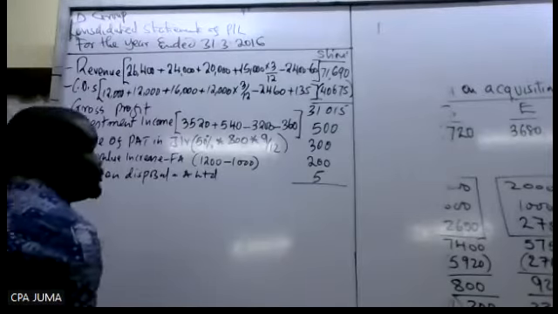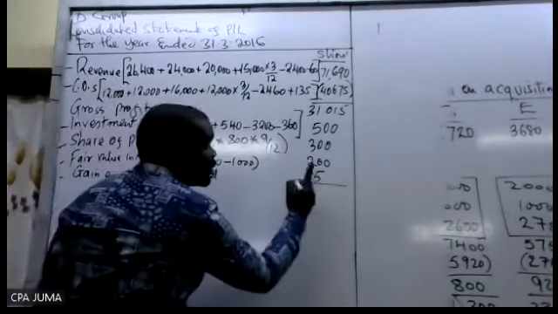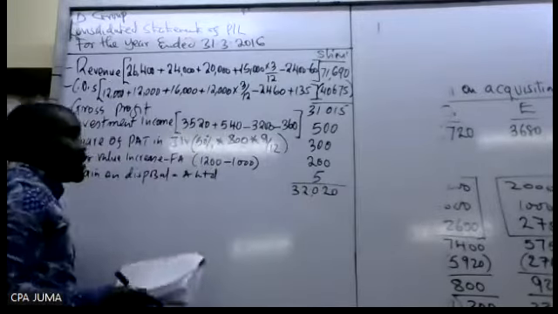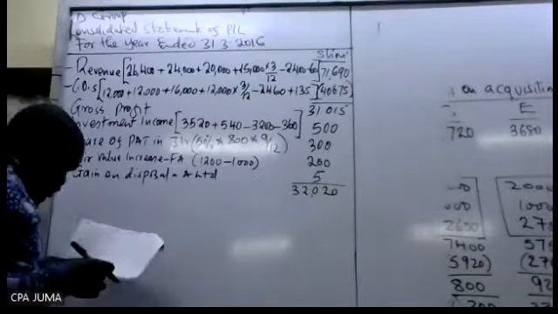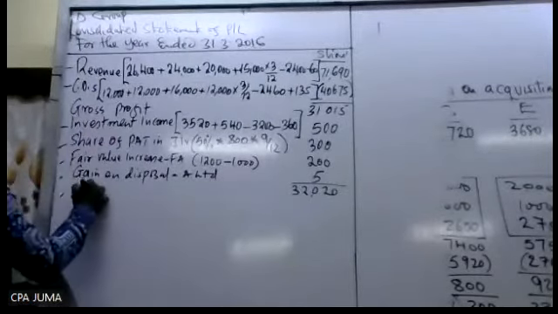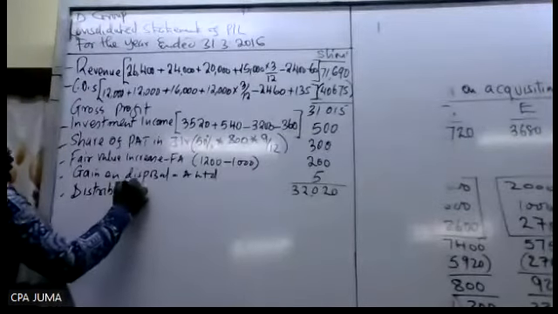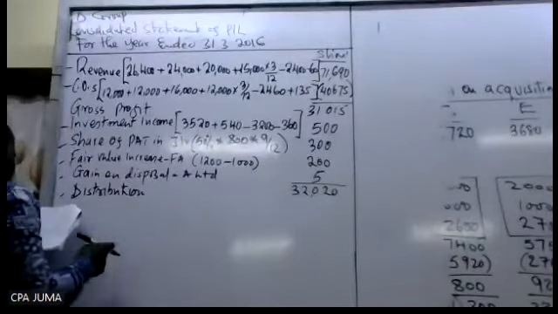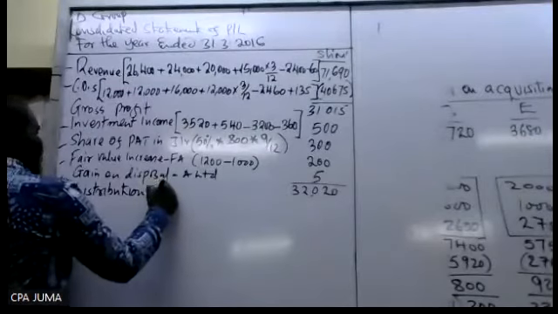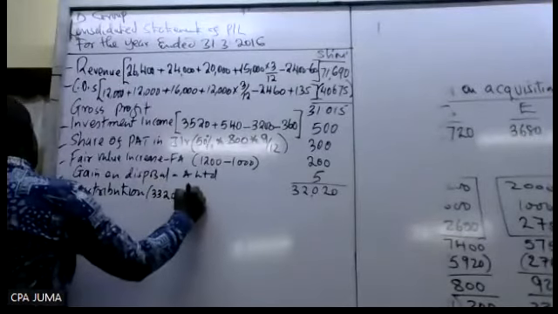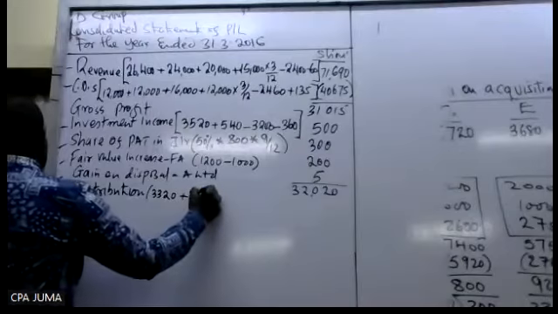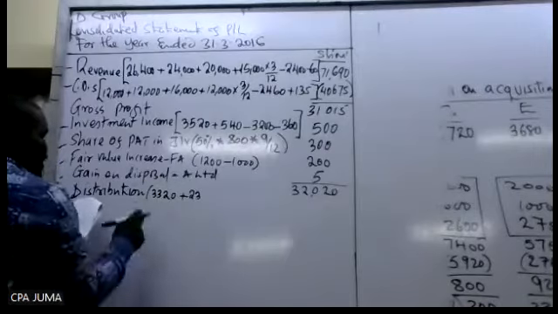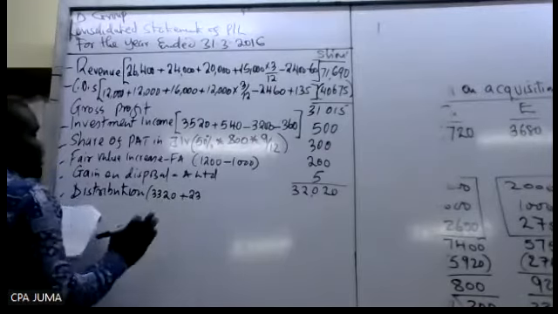So how much is that? 30? 20. Let's go back to our format. Distribution. So distribution. What plus what? 32, 20 plus 23. Yes. Siko sawa? Yes. Oh, kusema ndio wrong.